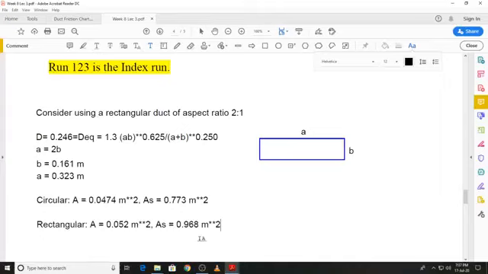The rectangular duct of course has the merit that you can fabricate it on site, whereas circular ducts are not fabricated on site. You have to fabricate them off site and then bring them and assemble them at site.